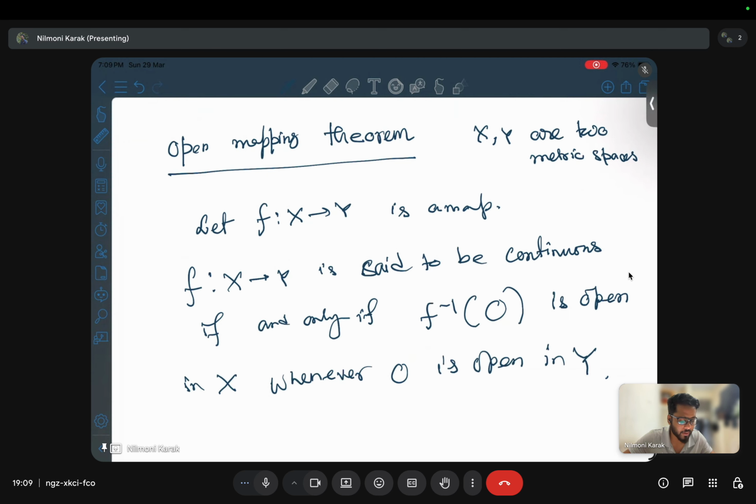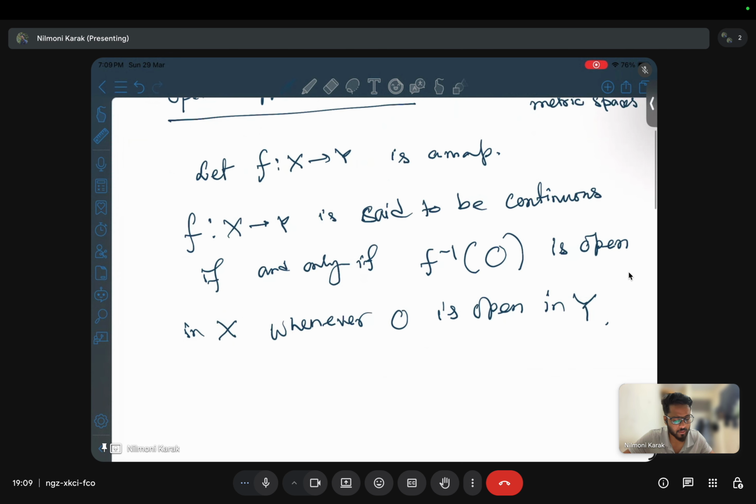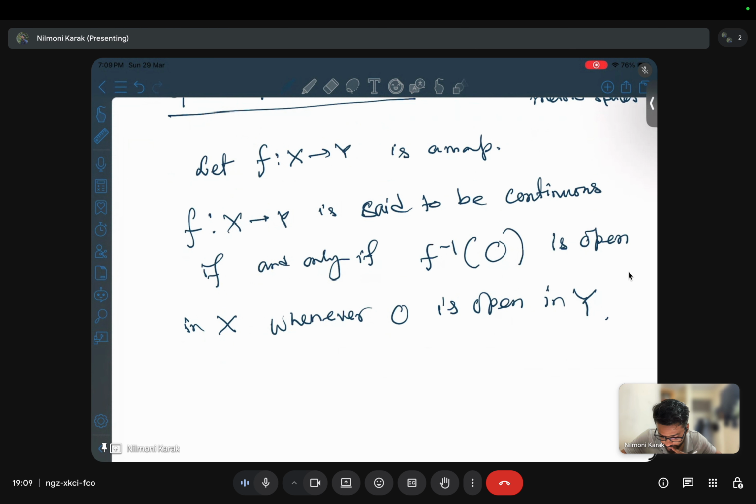This implies f is continuous, and vice versa.